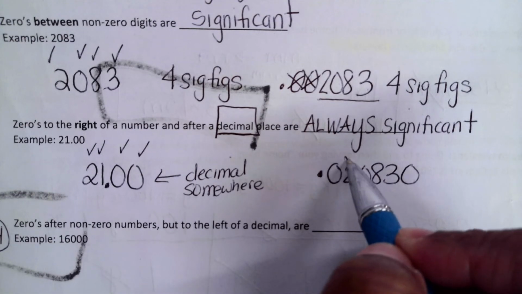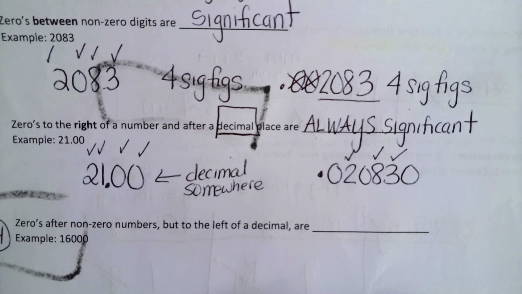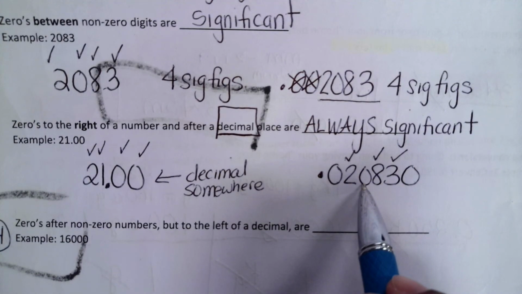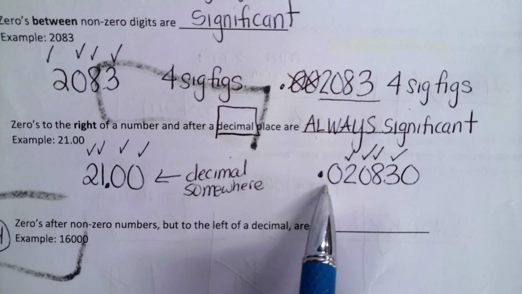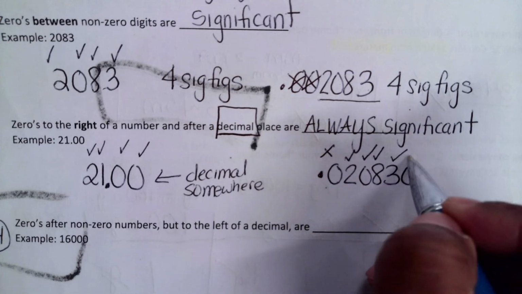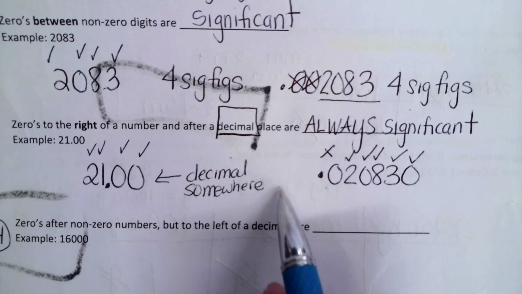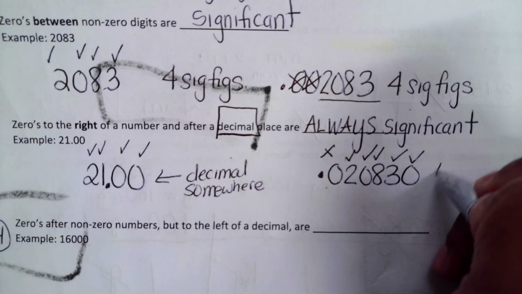We count the 2, we count the 8, we count the 3. Do we count the 0? Yes. Do we count the 0 in the front? No. Do we count the 0 here? Yes. Because there's a decimal somewhere in the number. So this one has 5 sig figs.